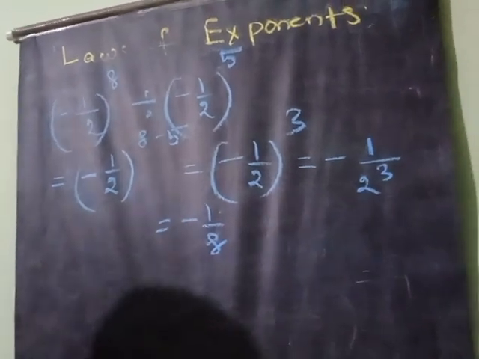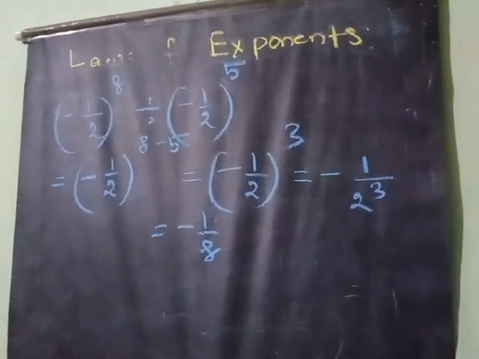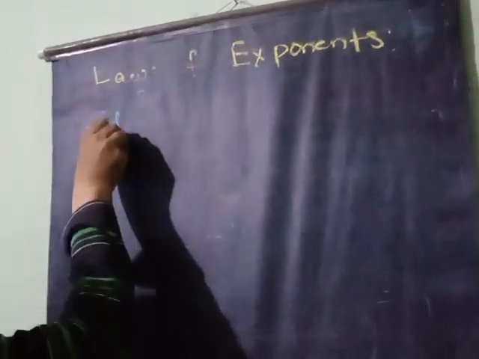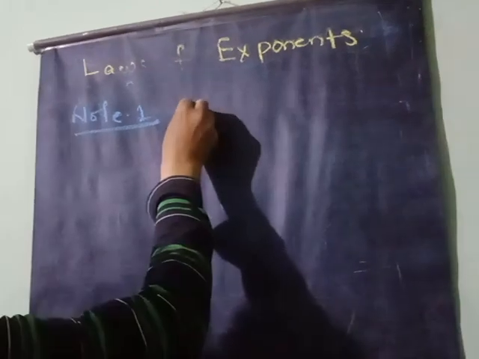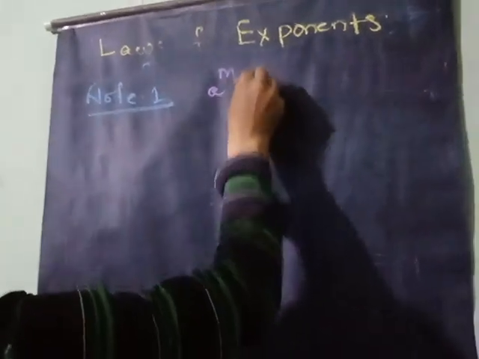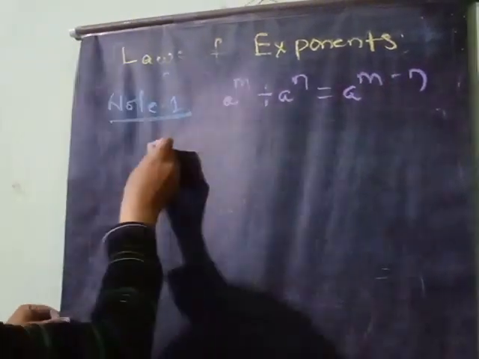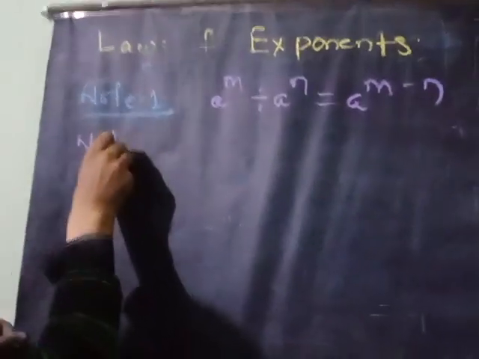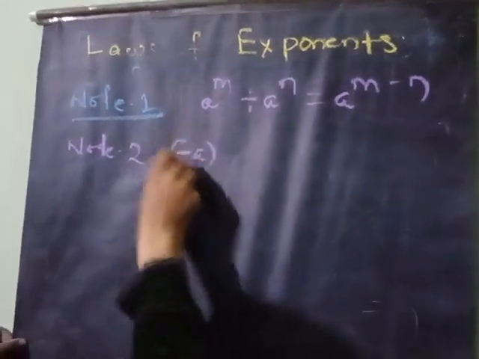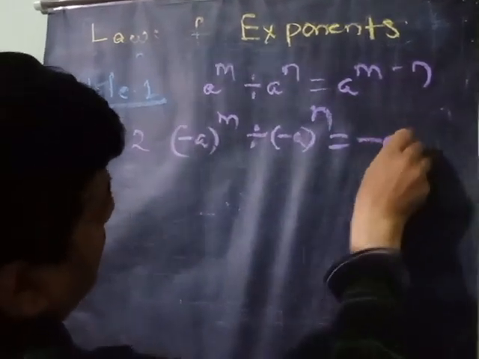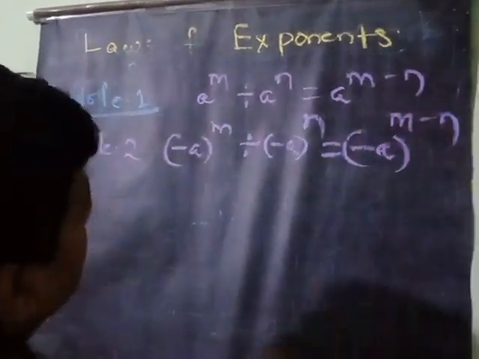Is it clear regarding the laws of exponent using the division method? Okay, let us come to the notes. Note 1: a to the power m divided by a to the power n is equal to a to the power m minus n.